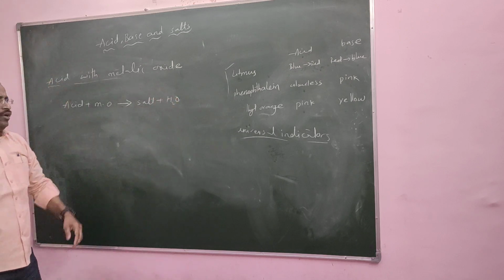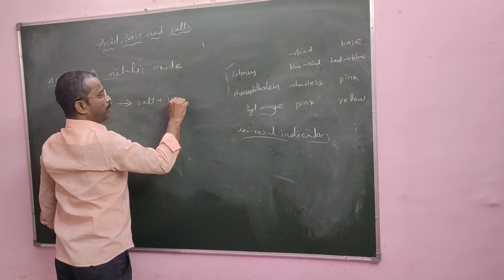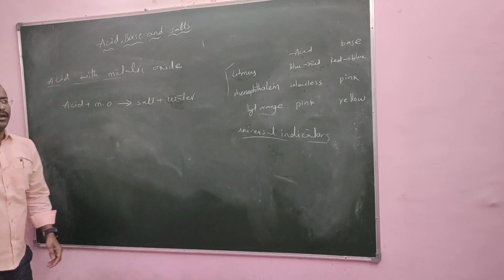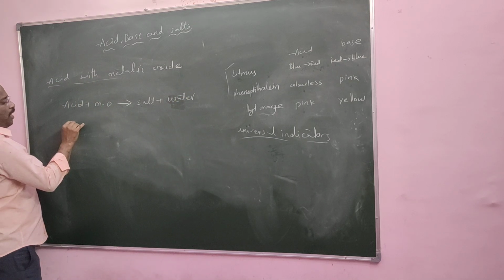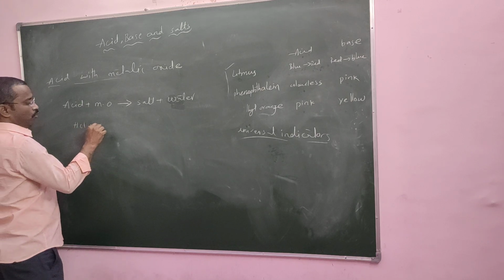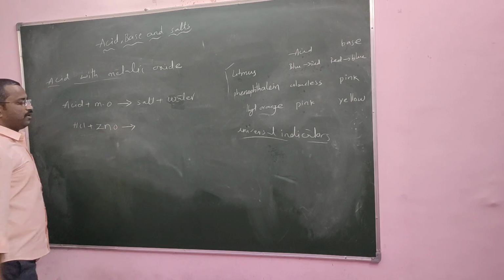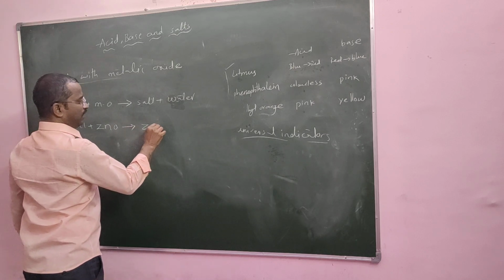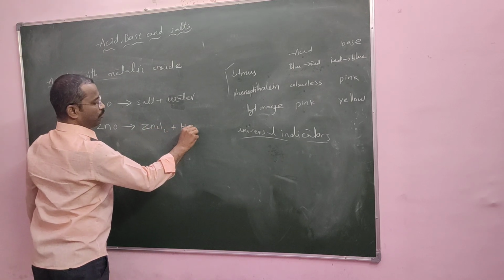Say it as H2O, you can write water also, not a problem. Now take your example. Acid, I am taking HCl, and metallic oxide, ZnO, gives rise to ZnCl2 plus H2O.